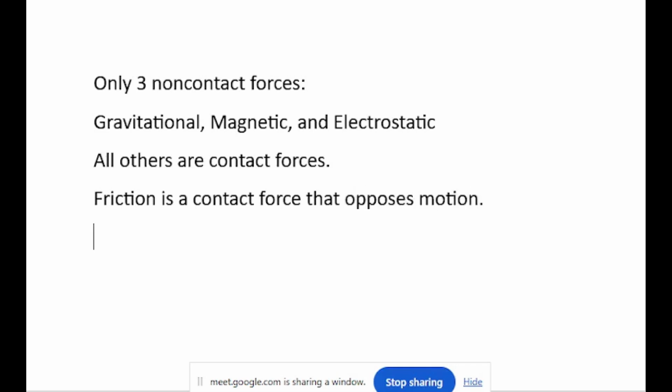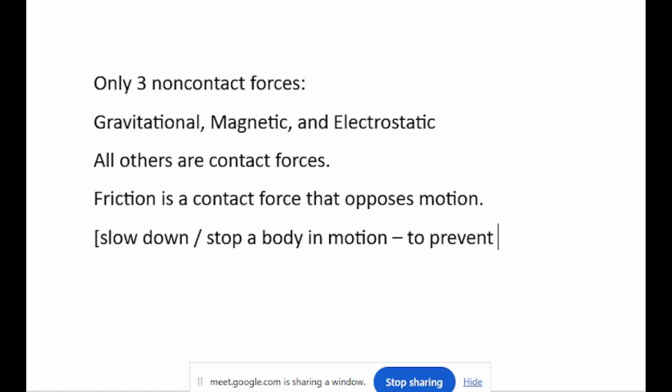Tries to. So the main effect of friction would be to slow down or stop a body in motion, or to prevent a body from moving.